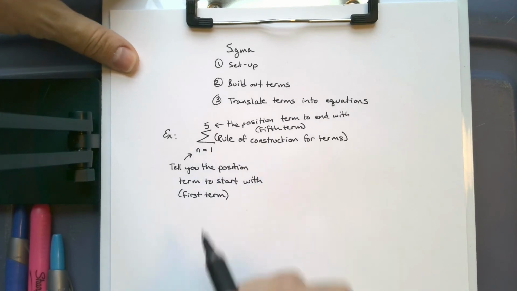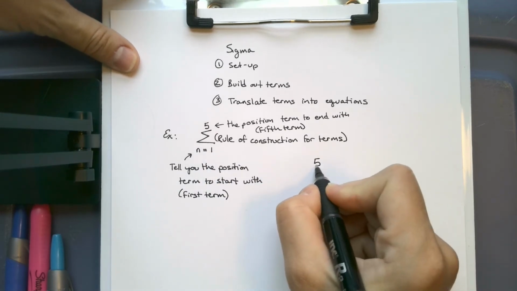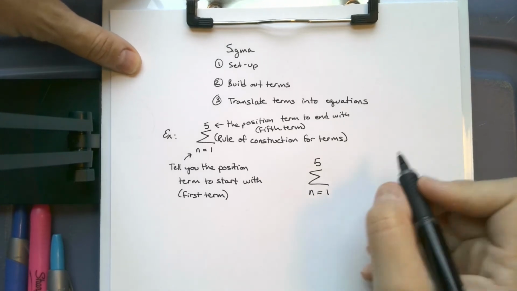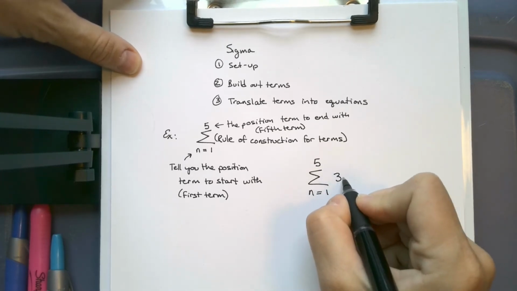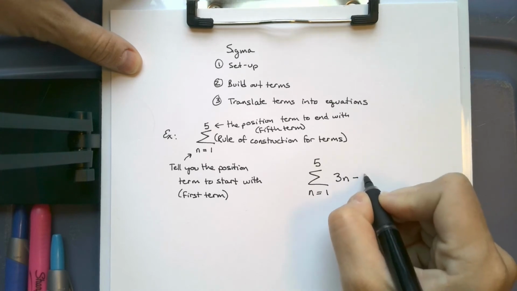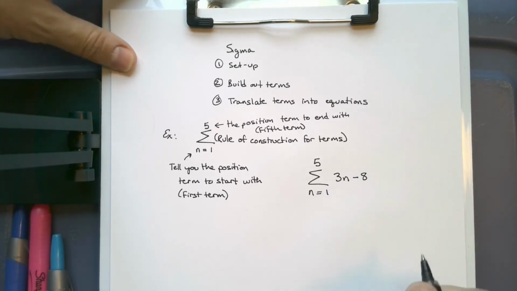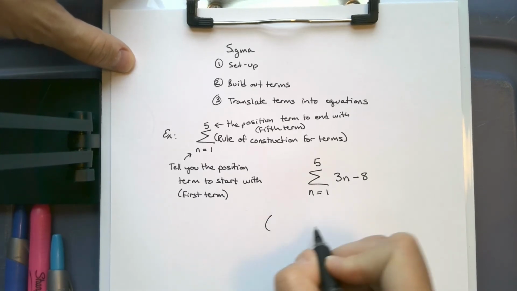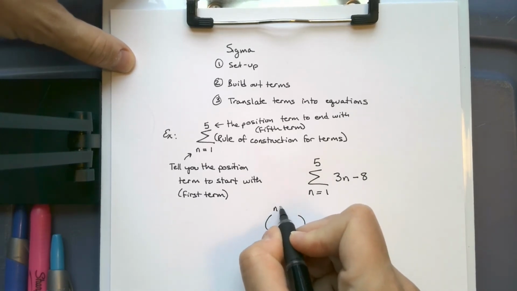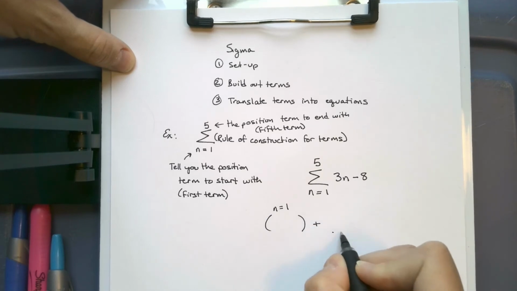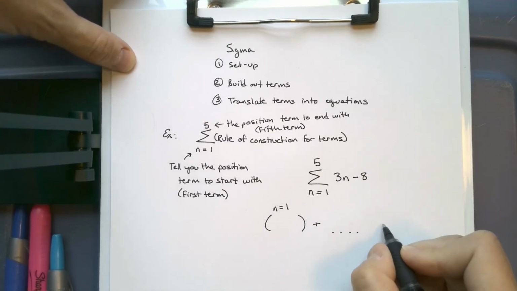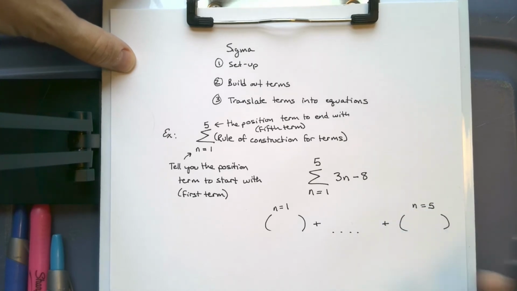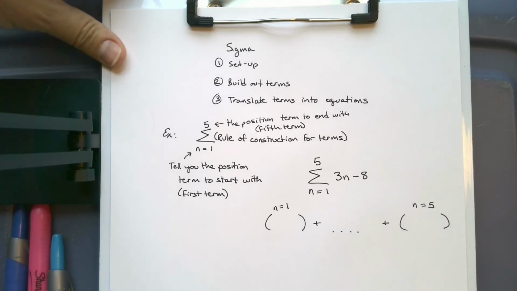So I'm going to recreate this example, 5 sigma n equals 1, and I'm just going to do 3n minus 8. So this breakdown tells me that I'm going to start adding together when n equals 1, and then I'm going to go all the way up to when n equals 5, and the rule will be 3n minus 8.